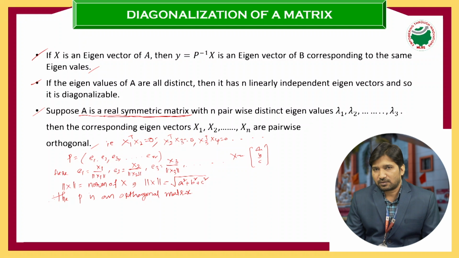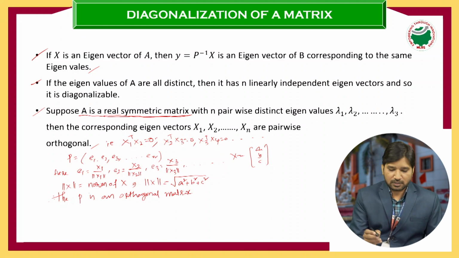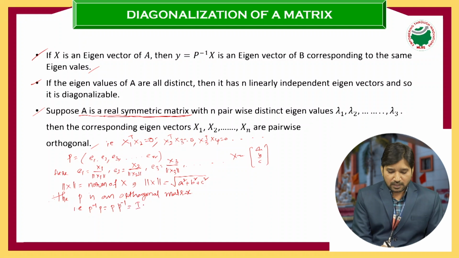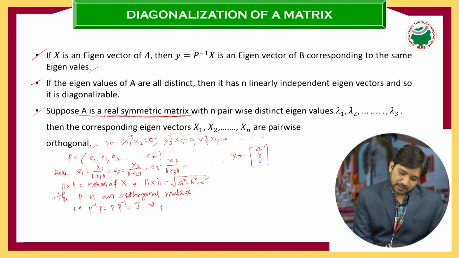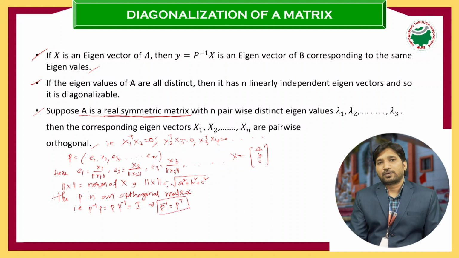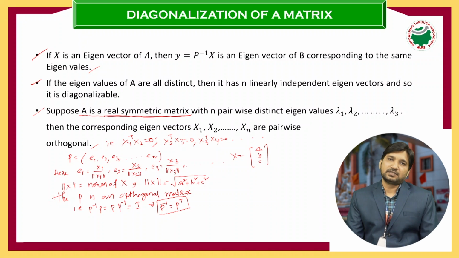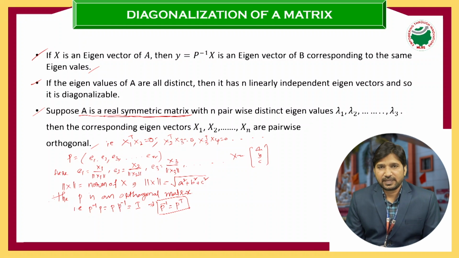We know the property of the orthogonal matrix is, that is P inverse into P equal to P into P inverse equal to I. Okay, we can also write P inverse equal to P transpose. Both are equal. P inverse and P transpose matrix are equal when P is an orthogonal matrix.